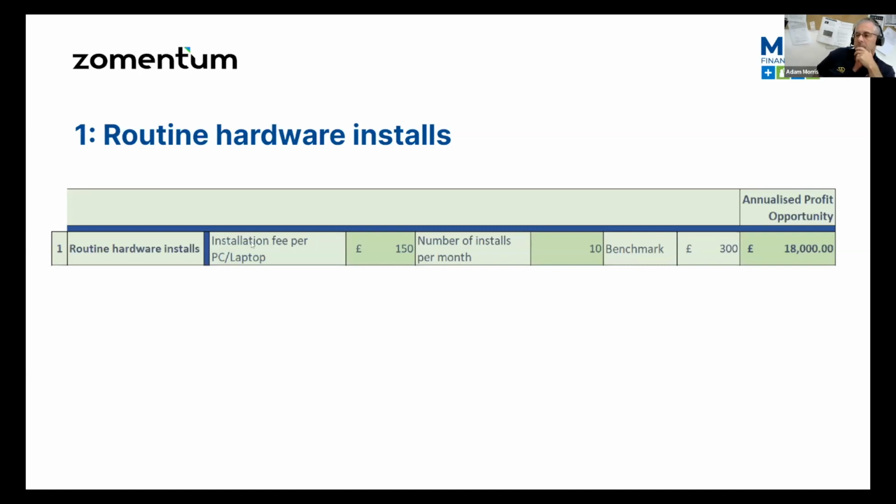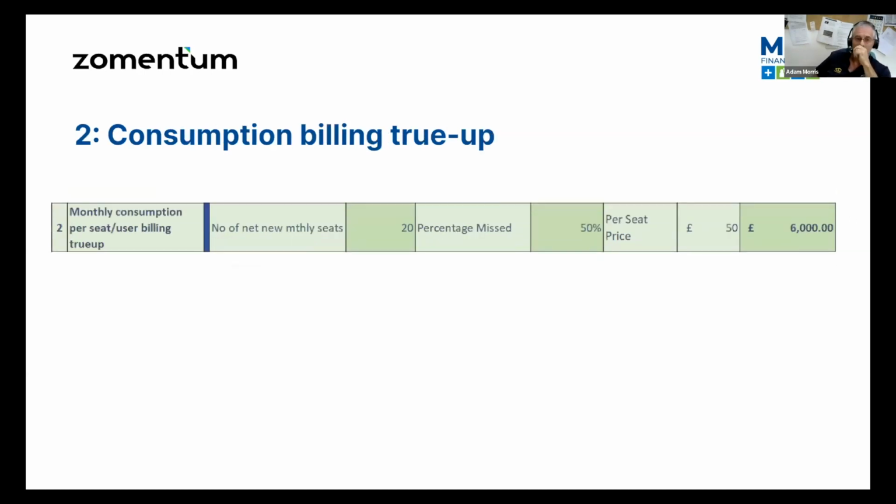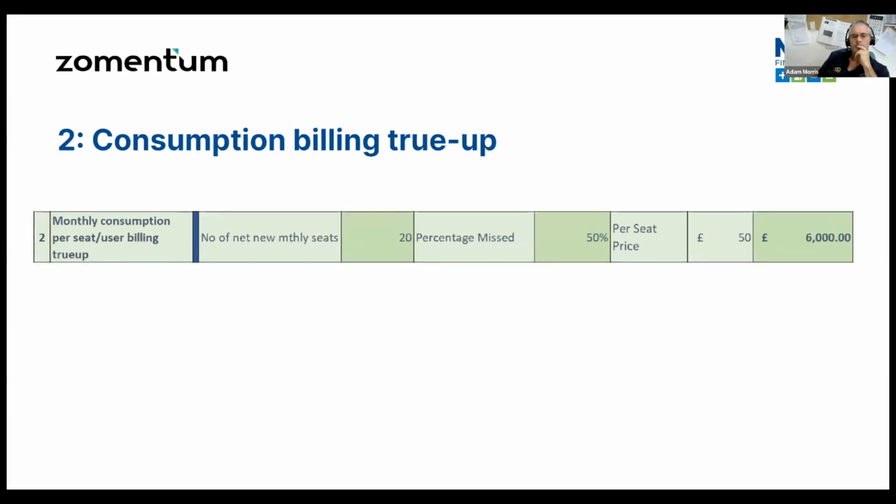Number 2, please, Ben. Consumption billing true up. So this is very much in your house as well, isn't it, Ben? Around your software tools. Yeah, it is to some extent. So I suspect a number of people on here will be using Zementum Connect, which is our tool that takes everything your vendors are charging you for and ensures that your PSA contracts or agreements, depending on which PSA's language you're talking, ensuring that all of the service quantities are up to date.